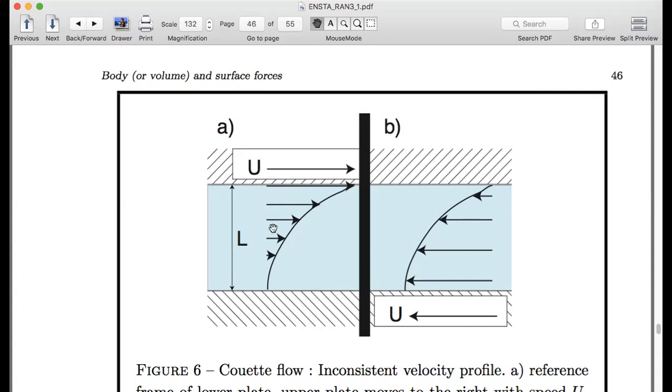So these arrows in the blue fluid are representing what's called the velocity profile between the 2 plates. And I've chosen a pretty arbitrary profile here, and I want to argue that this is impossible, or that this breaks, in technical terms, Galilean invariance.